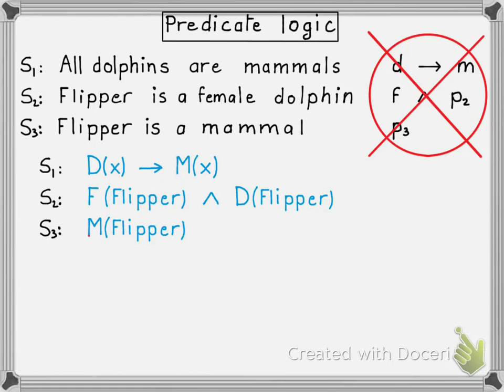So the conclusion here is that in this translation into predicate logic, it is at least possible or conceivable that S3 could be a logical consequence of S1 and S2, because at least S3 now is related to both S1 and S2. For example, S3 is related to S1 through the predicate M, and S3 is related to S2 through the object flipper.